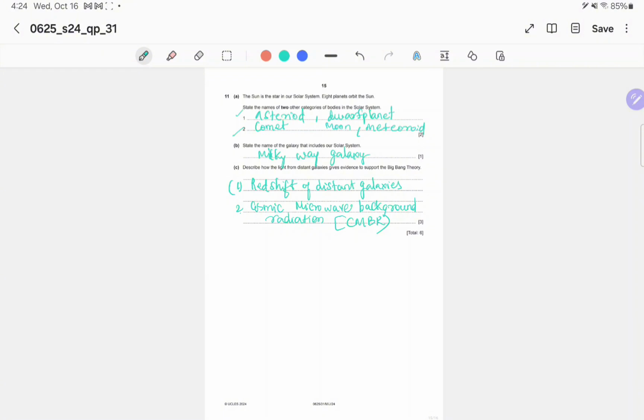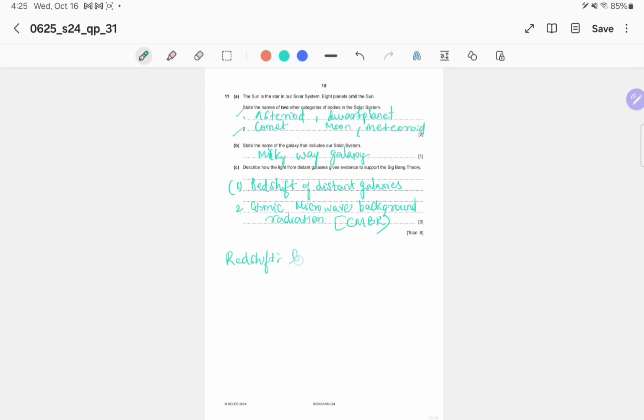This is mentioned as CMBR. These are the 2 pieces of evidence to support the Big Bang theory. How can we define redshift? Redshift is the light that moves away from us. Its wavelength is stretched out, so the object appears redder. I'm making it clear, redshift alone.